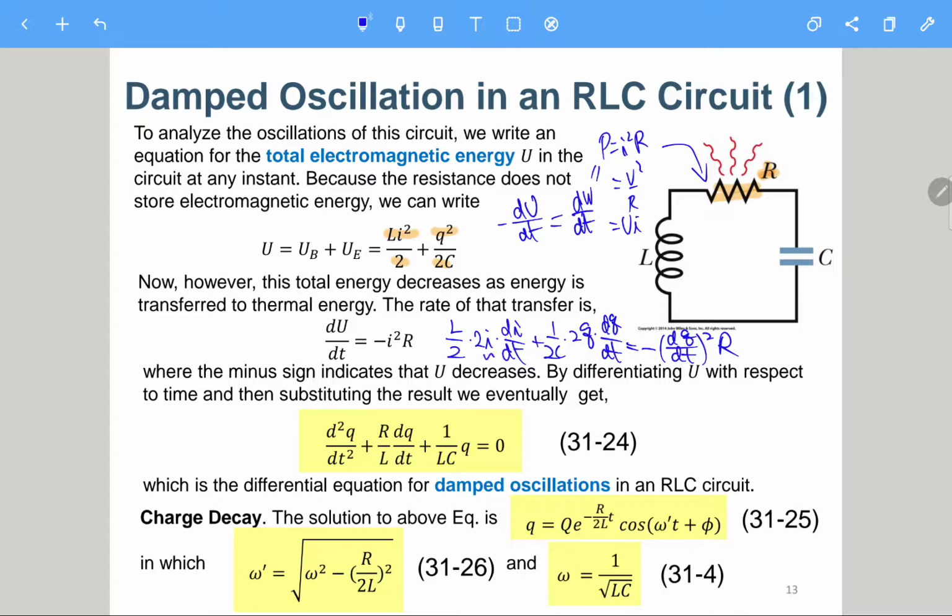So actually this I is dq dt, and then this is the second derivative, and then we can just cancel these two, these two, these two, these two. And then this I with this dq dt, and then one of the dq dt. Then we can just divide by L on both sides.